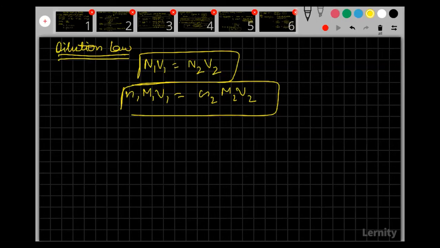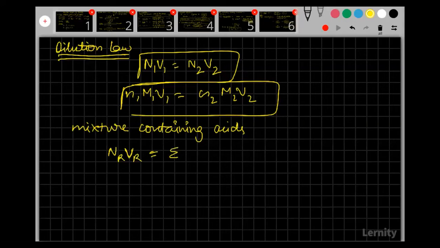If we have a mixture, the normality of a mixture which contains only acids or only bases is given by NRVR, the resultant normality and resultant volume, equal to the summation of all NVs of acids.